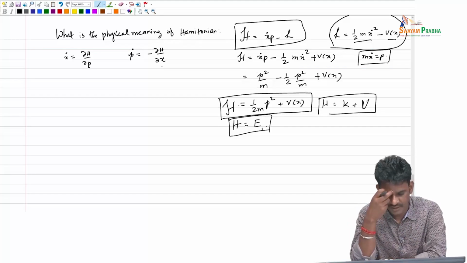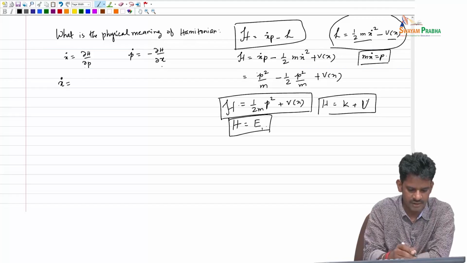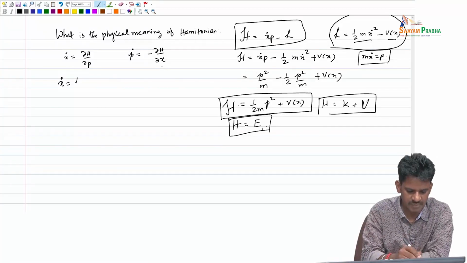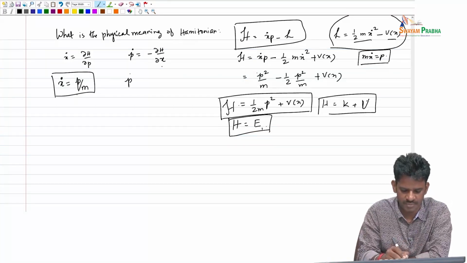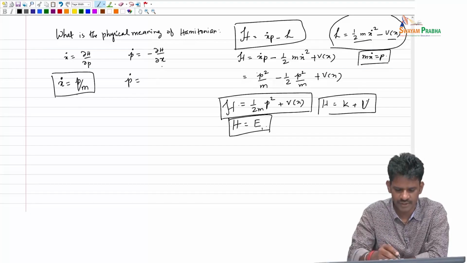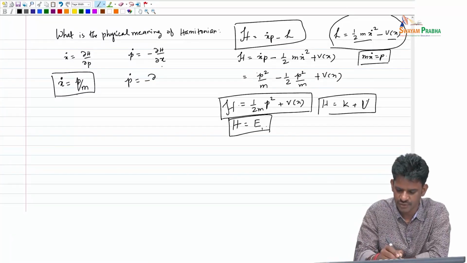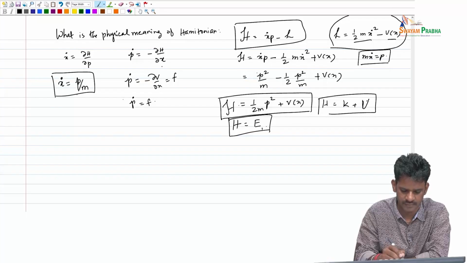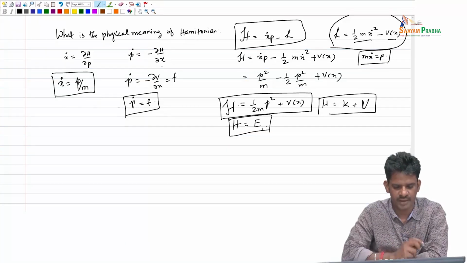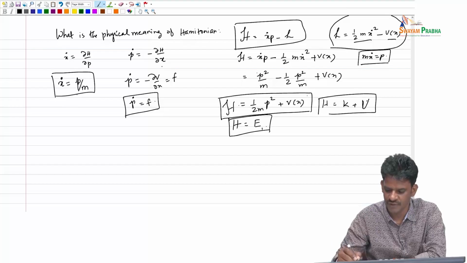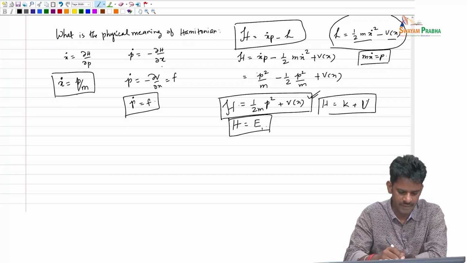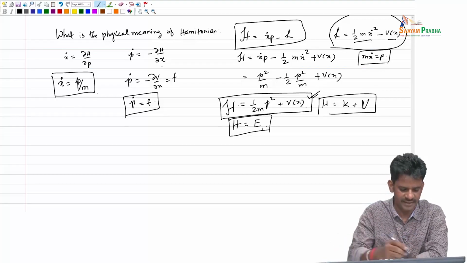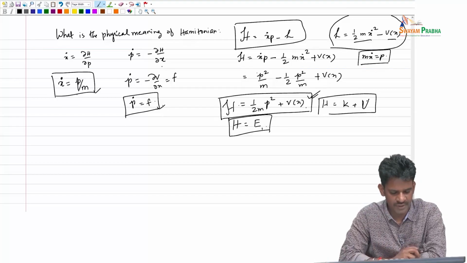So for x dot, dou H by dou p will give you p by m, and p dot is minus dou H by dou x, which is going to be minus dou V by dou x, which is nothing but the force. So this becomes the set of Hamiltonian equations for our choice of the Hamiltonian and the potential energy. So we are able to define the Hamiltonian and the corresponding two first order ODEs.